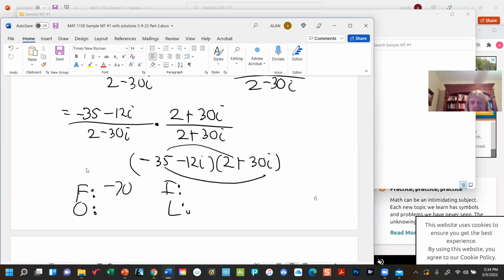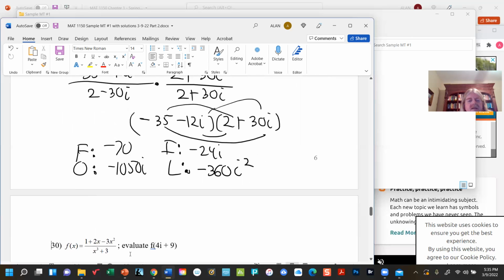Outer: 30 times minus 35 is minus 1050i, that is. Inner is here, minus 24i. And here's last, which is minus 360i squared.